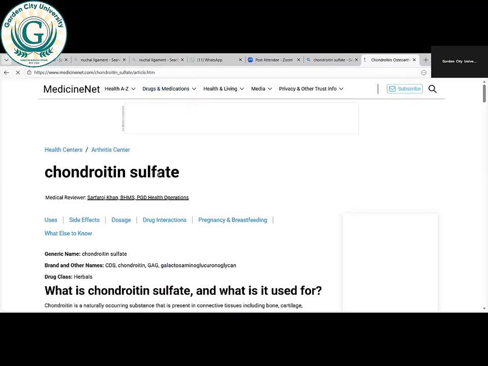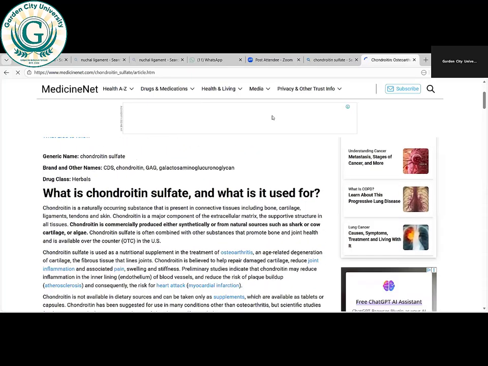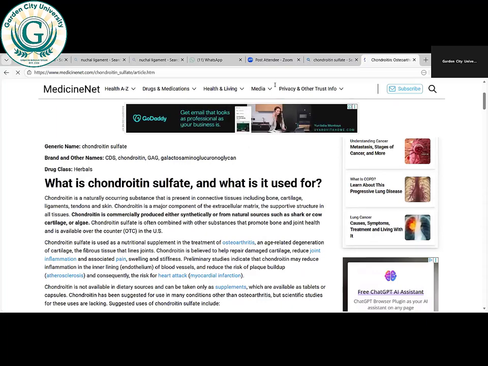So look at this one. Chondroitin sulfate. We said that they are ground substance, components of connective tissue. And look at it: it's found in connective tissue, including bones, cartilage, tendon, ligament, and skin. It's commercially produced either synthetic or from natural sources, such as cow, shark cartilage, or algae.